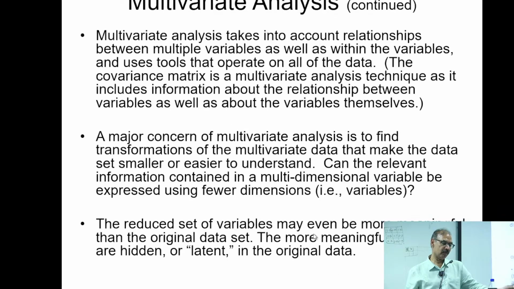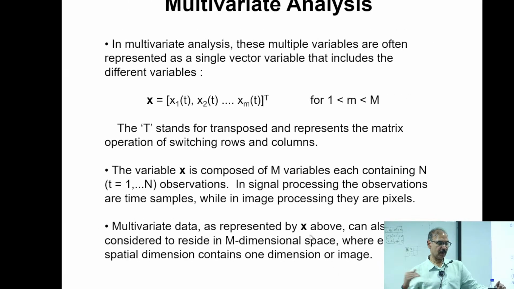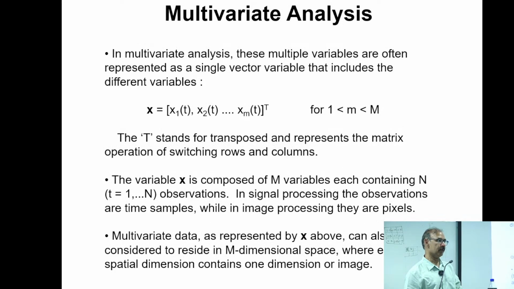In multivariate analysis, there are multiple variables which are often represented by a single vector variable that includes the different variables. So you could have x1(t), x2(t), up to xm(t), for i equal to 1 to m, right?